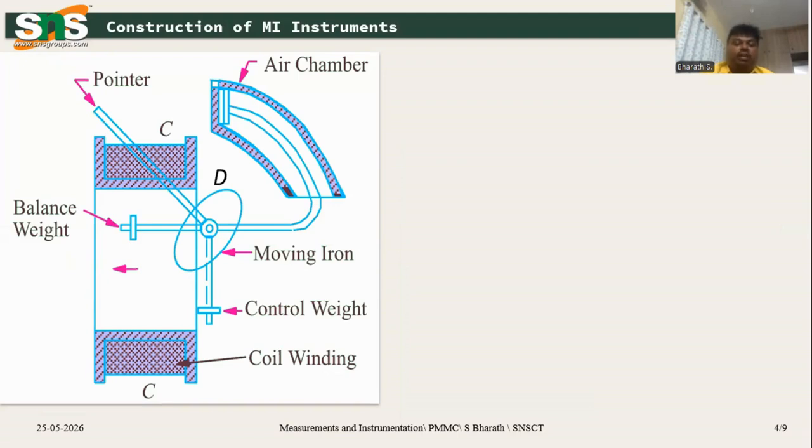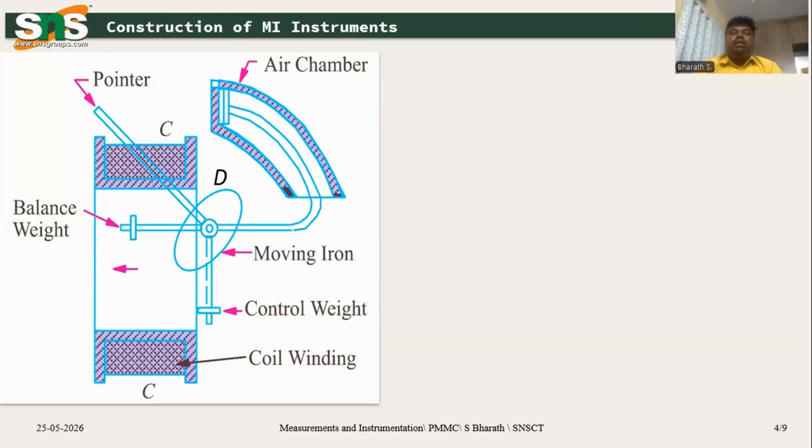The moving iron vane is there, a circular part, and the balance weight is there for the pointer, and the air chamber is there to provide the damping. So you have coils on the top and bottom, moving vane, fixed vane, control weight, coil winding, balance weight, and air chamber. These are the various parts of the MI instruments.